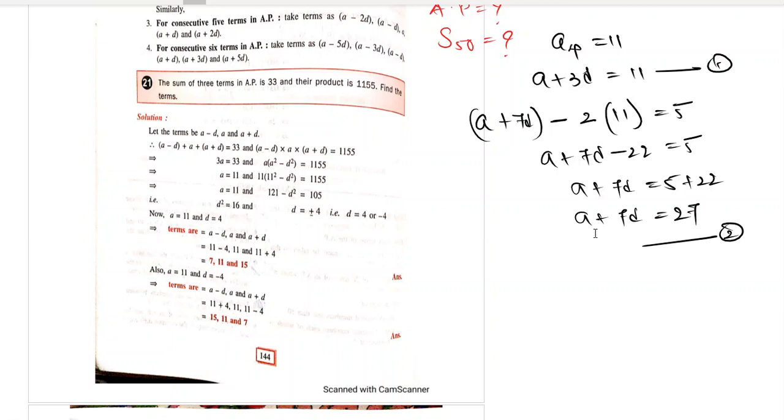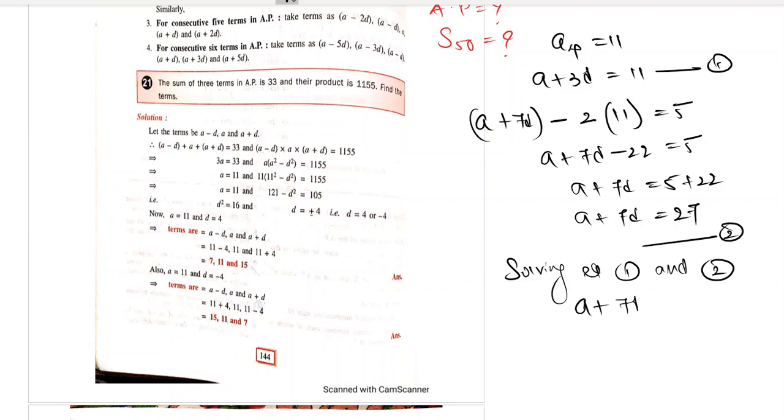Now what? We have got the two equations. A plus 3D is 11, A plus 7D is equal to 27. We'll solve them. Solving equations 1 and 2. How?